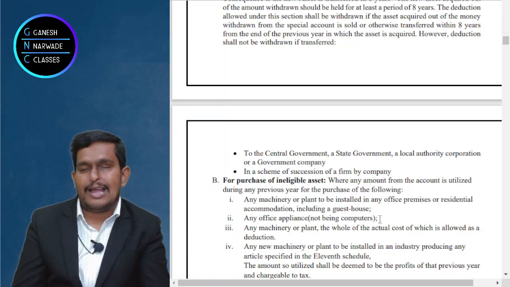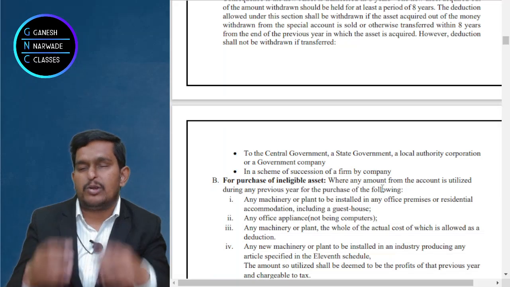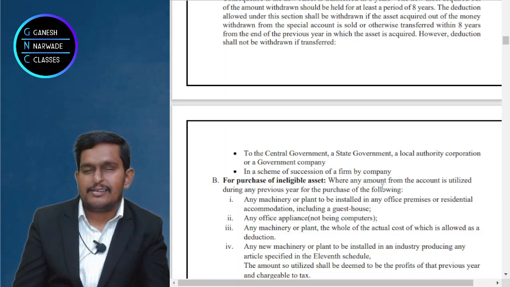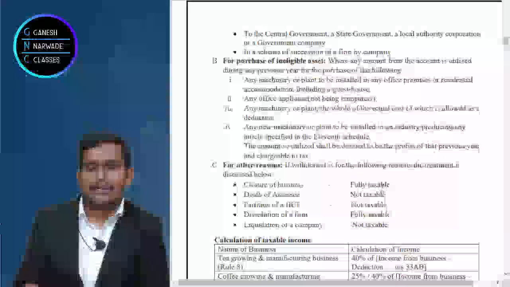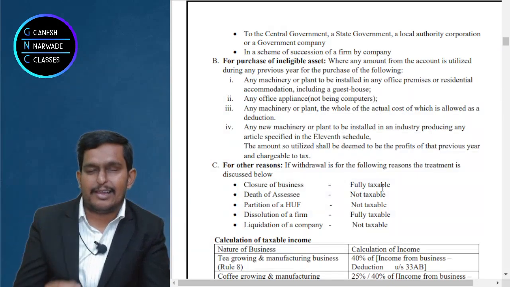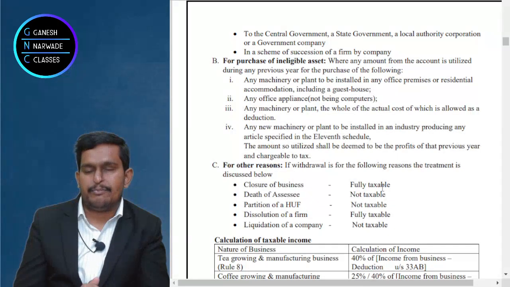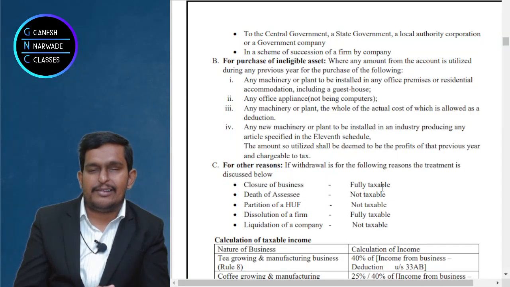Now last part, which is very important: for eligible business what to do we understood, but what about not eligible businesses? The answer is very clear. Listen carefully. It may be purchasing some plant and machinery for residential purpose or for guest house or for office, or appliances other than computers used in office.